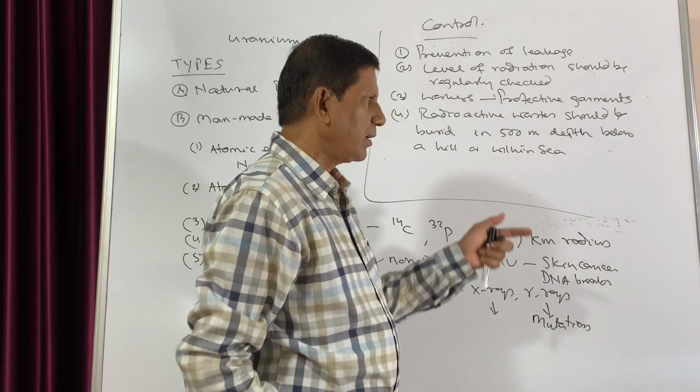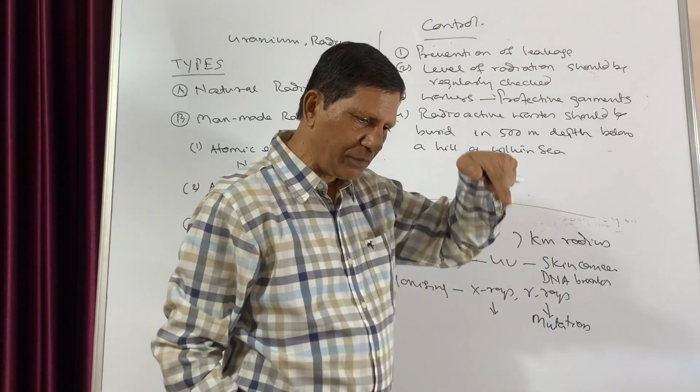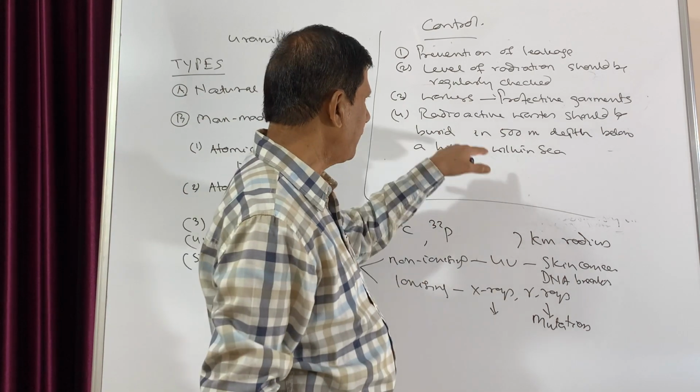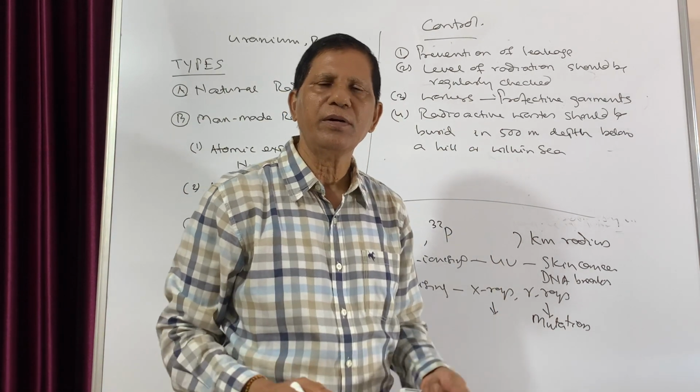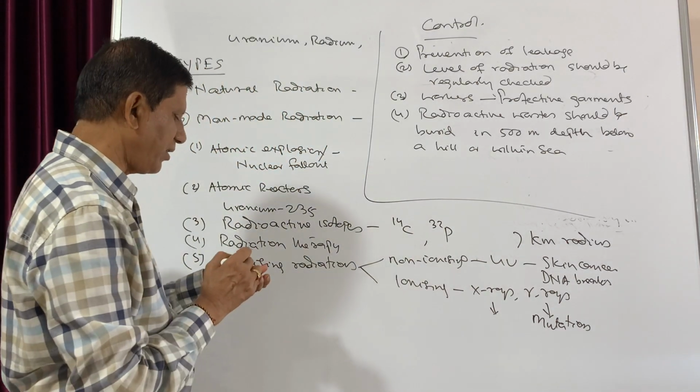So it may be either the hill or the sea, but below 500 meter it should be completely buried so that there will be no exposure to it. So these are the different ideas regarding the radioactive waste.